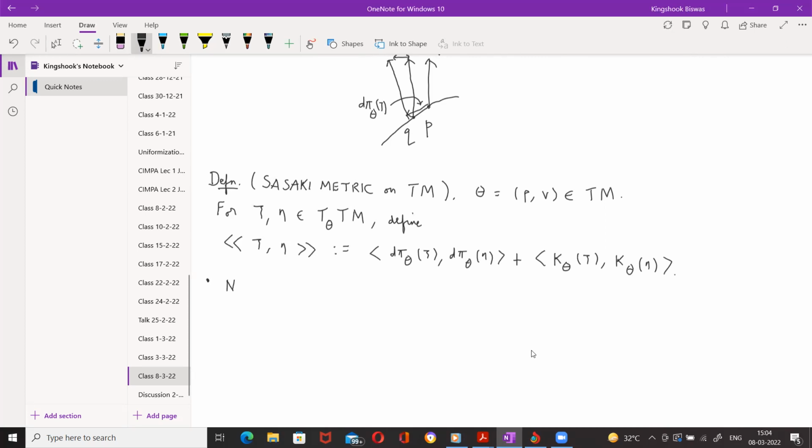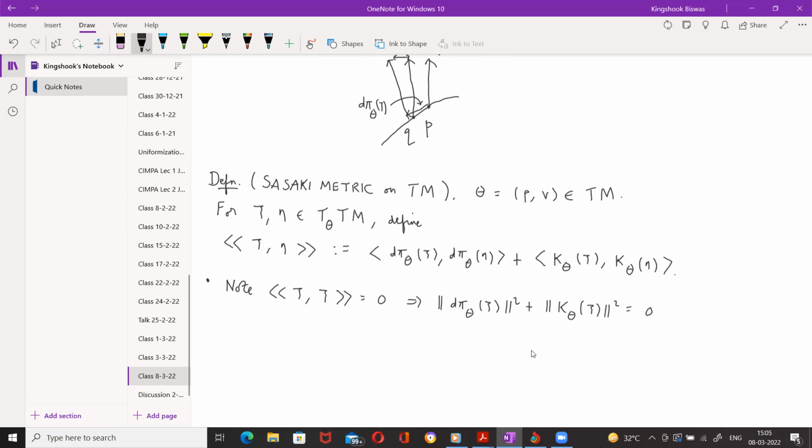Note that if the inner product of xi with itself is 0, then this implies norm d pi theta xi squared plus norm k theta xi squared is 0.